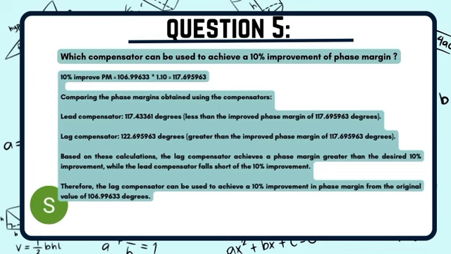Next, the lag compensator gives 122.695963 degrees, which is greater than the improved phase margin of 117.695963 degrees. Based on this calculation, the lag compensator achieved a phase margin greater than the desired 10% improvement, while the lead compensator falls short of the 10% improvement. Therefore, the lag compensator can be used to achieve a 10% improvement in phase margin from the original phase margin.